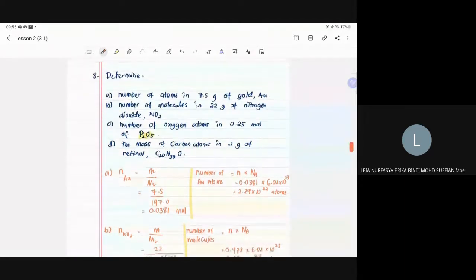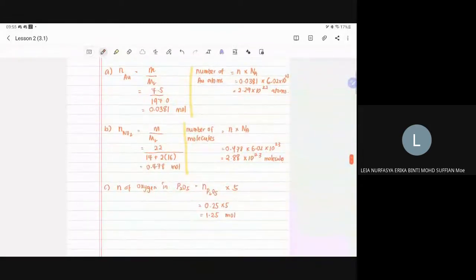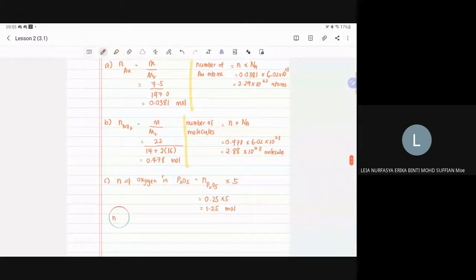Okay. And then, dia minta number of oxygen atoms. So, number of oxygen atoms is equals to N of O times by Na. 1.25 times 6.02 times 10 to the 23.